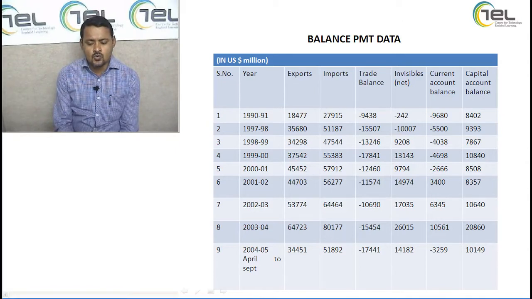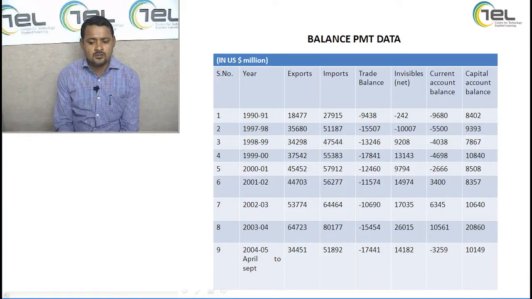But in the year 2001-2, there was a dramatic shift in the net invisible items in the current account. Even though the balance of trade was a huge negative amount of 11,574, which goes on to show that the exports are much less than that of the imports of the country, the invisible account showed a large amount of increase.